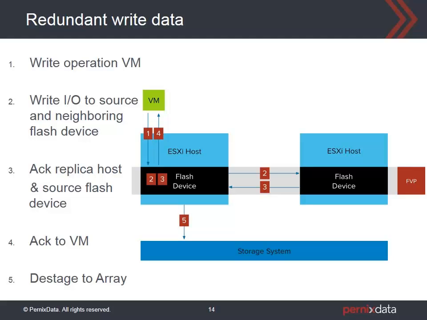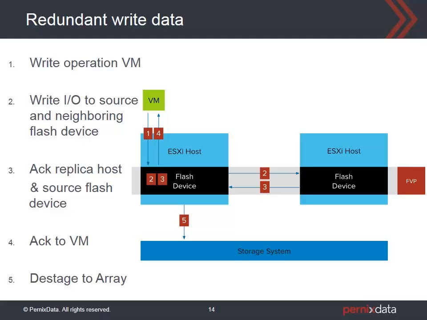So what happens when a virtual machine issues a write I/O, we're going to accept it, and we're going to write it in parallel to the local flash device and to the remote flash device. If both flash devices acknowledge that write, it is then sent up towards the VM.